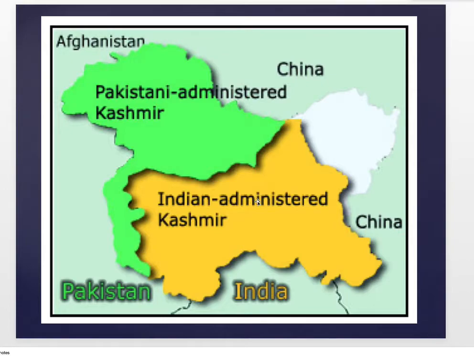Now, the reason for that is because while roughly speaking you have a 50-50 split in territory, that's not the case in terms of population. 80% of the population of Kashmir, which is predominantly Muslim, is in the Indian sector.